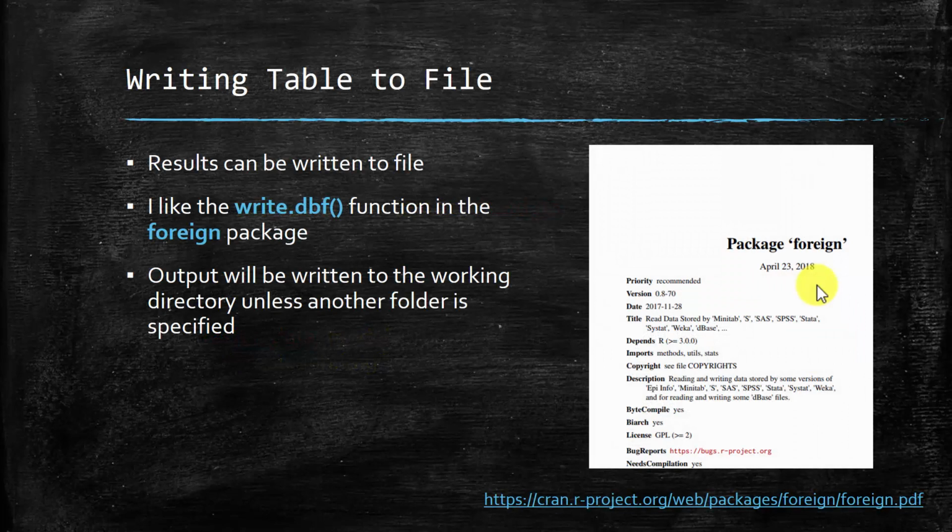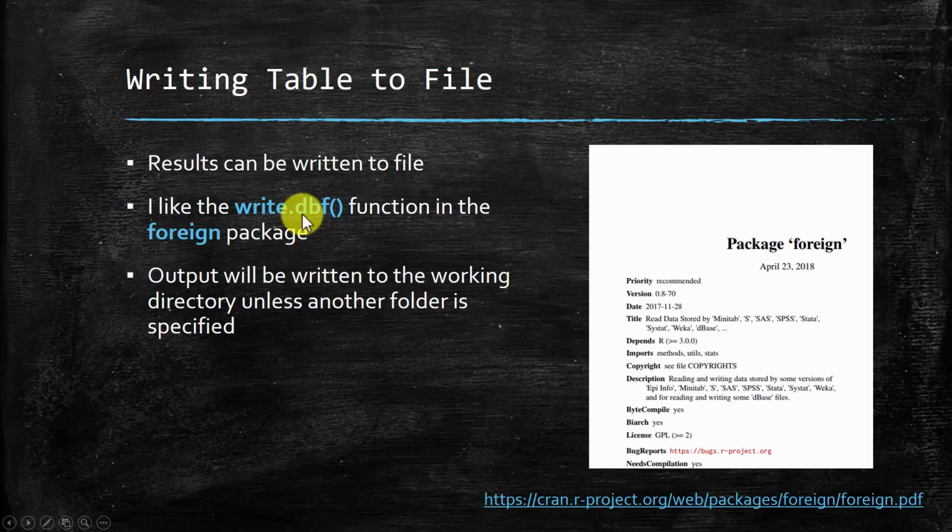If you want to write out your result to a table, instead of just storing it in R as a data frame type object, you can write out to table formats like CSV files or database files. One package that I've found to be very useful for this is the foreign package. It has a function called write.dbf, which writes a database file.